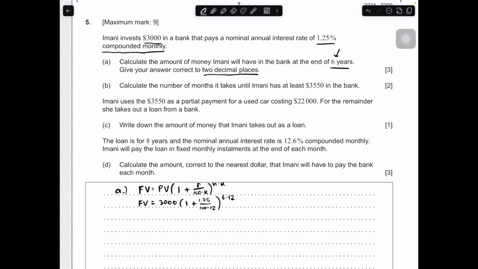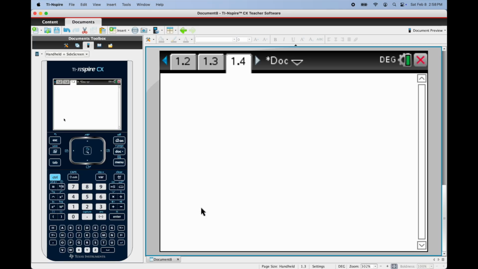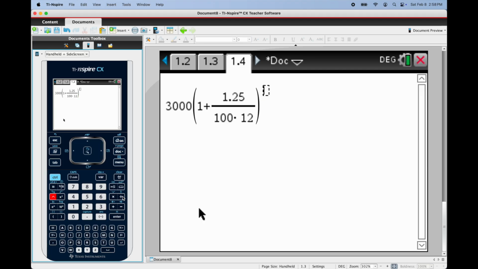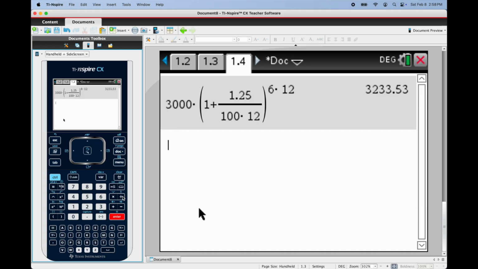So that's it. I'm going to go to the calculator screen and type this out. So here's 3,000, 1 plus, this is the interest rate over 100 times 12 over here, and this is going to be 6 times 12. And we have 3,233.53.